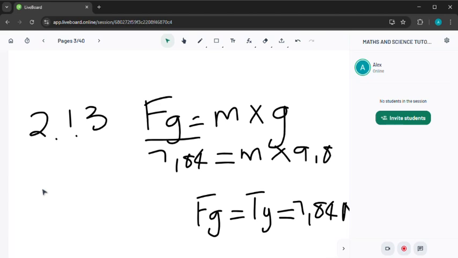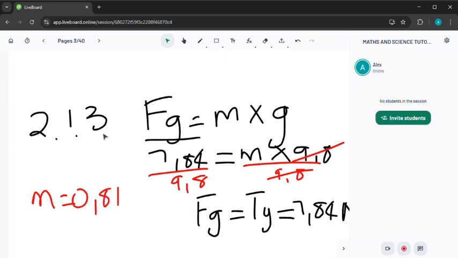Therefore you can divide by 9,8 on both sides, and this cancels this, and then your mass is equal to 7,84 divided by 9,8, which gives us 0,8 kilograms, and that's how you calculate the mass, right?